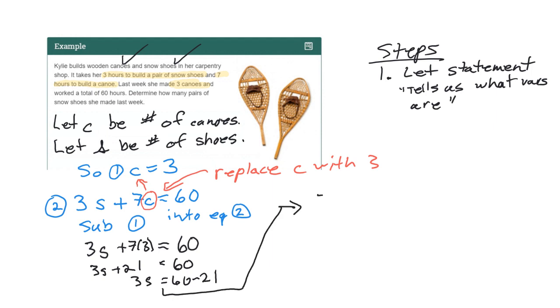So now we're going to keep going over here. So we have 3S is equal to 39. And then we divide both sides by 3. And we end up with the number of shoes being 13.